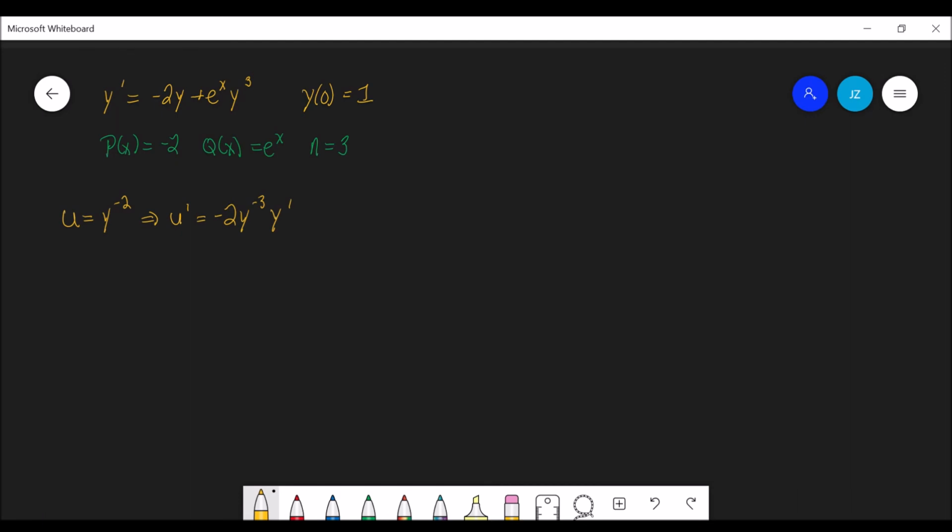Multiply the original equation by y to the minus 3, and we get y to the minus 3 times y prime is equal to negative 2 y to the minus 2 plus e to the x, which means that u prime is equal to negative 2 times (negative 2u plus e to the x), which is of course equal to 4u minus 2 e to the x.